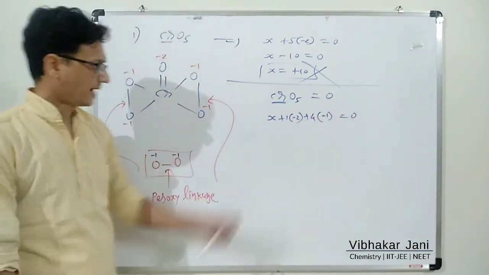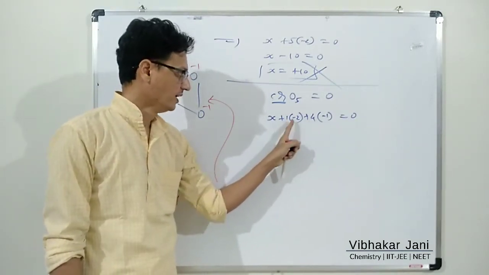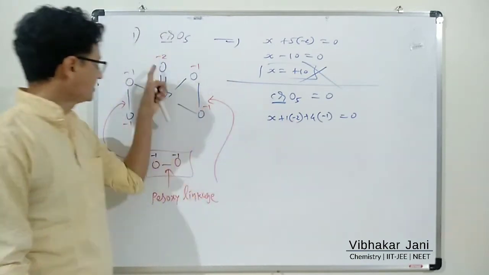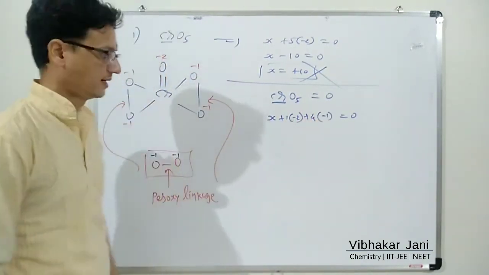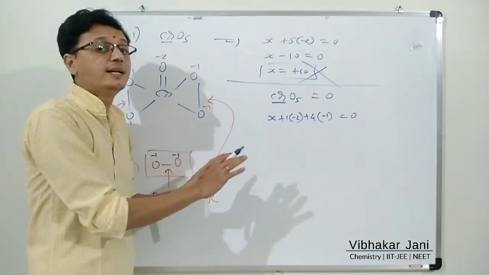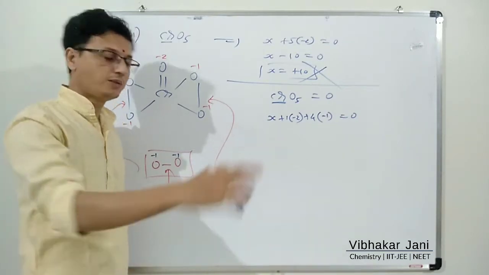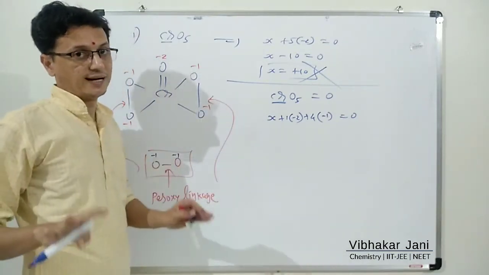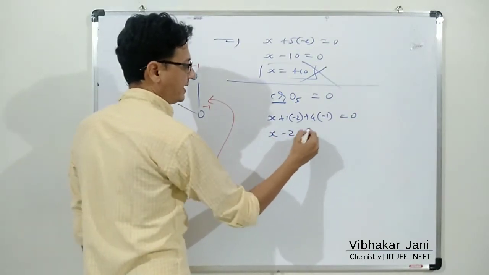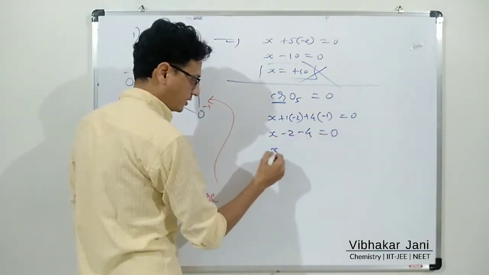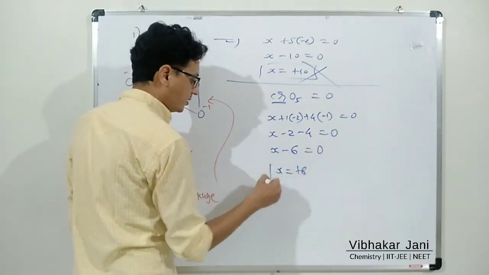We can write this only if we know the structure, and you have to remember this structure right now. Okay, now x - 2 - 4 is equal to 0, so x - 6 is equal to 0, so x will be +6.